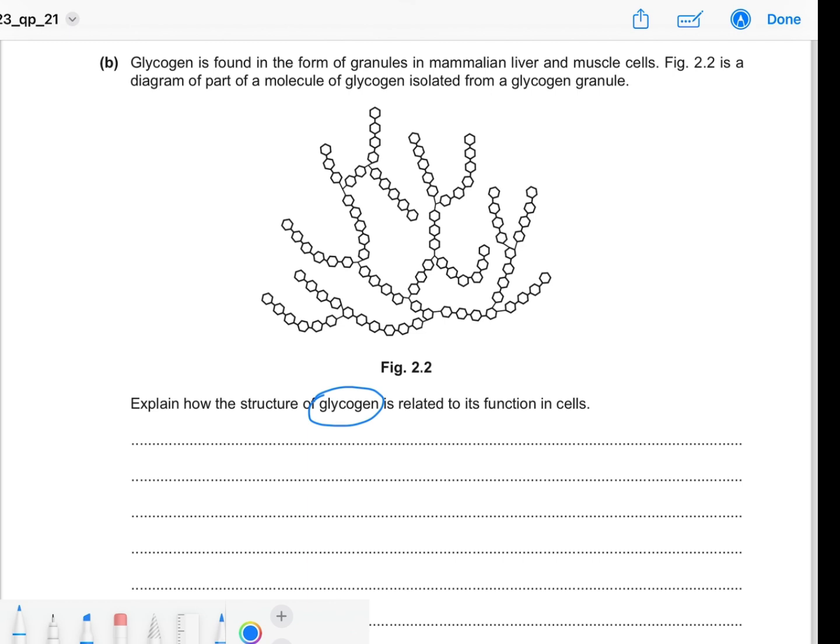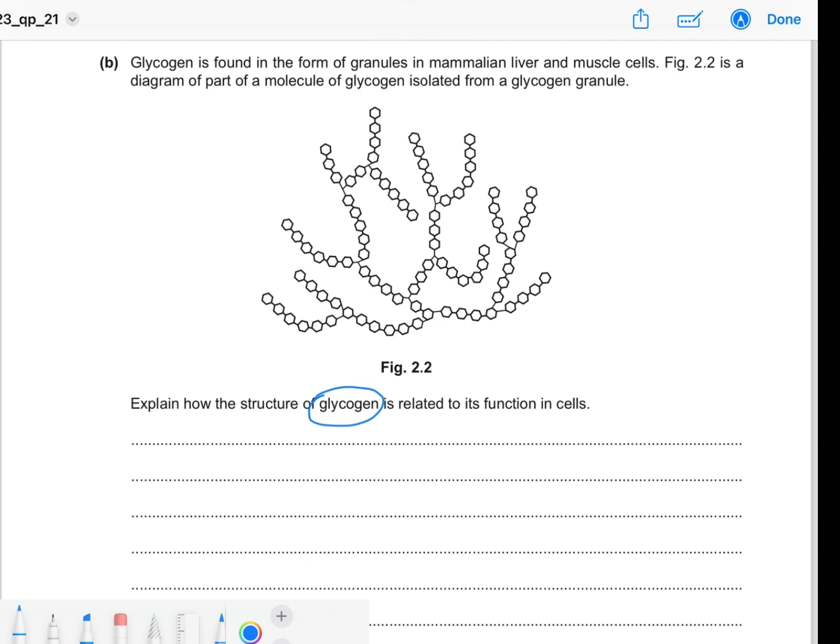Because you see, glucose on its own is very soluble in water, which means it can get dissolved and spread throughout the body. Not only will this disrupt the water potential of the blood and cells throughout the body, it will also be able to react in reaction pathways where it's not intended.